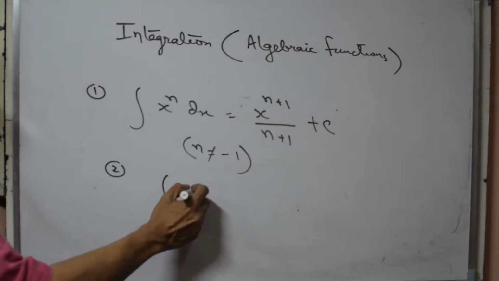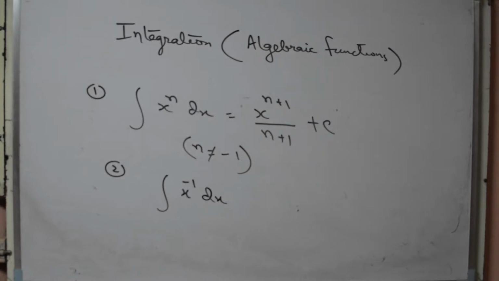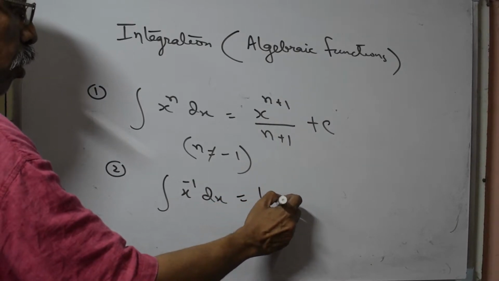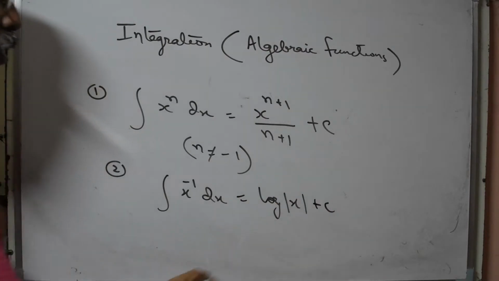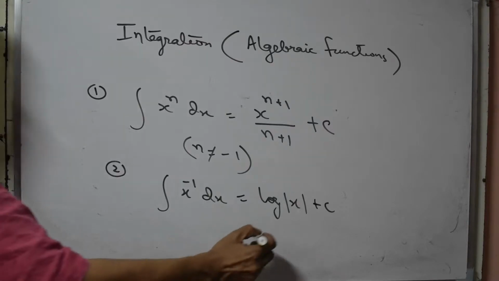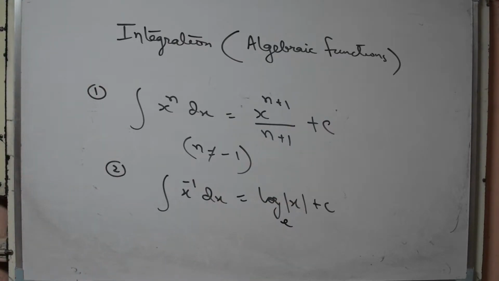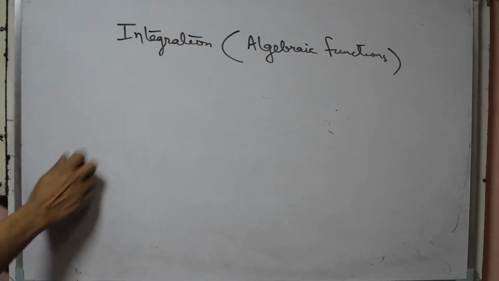Now if it is x to the power minus 1, that means if the power of x is minus 1, then the formula will not be the same, and the formula will be log of mod x, because log is defined only for a positive value, and the base of log in calculus is automatically taken as e, which is the natural base. Now these two formulas are the basic formulas of algebraic integration.